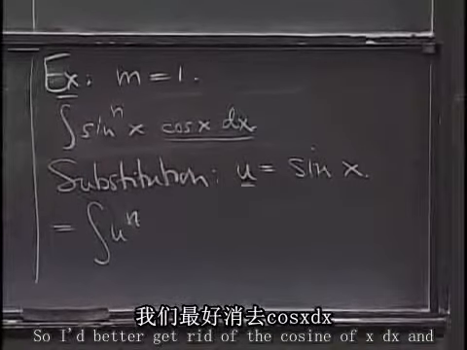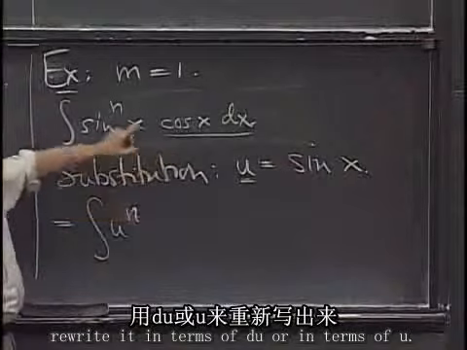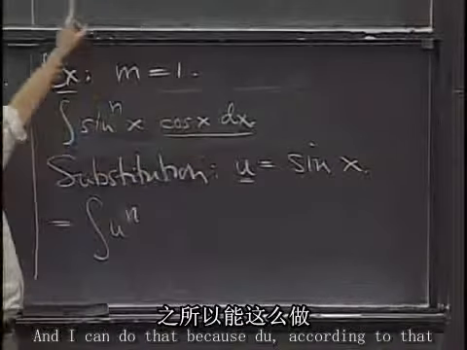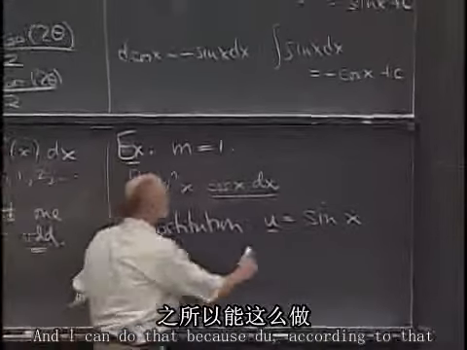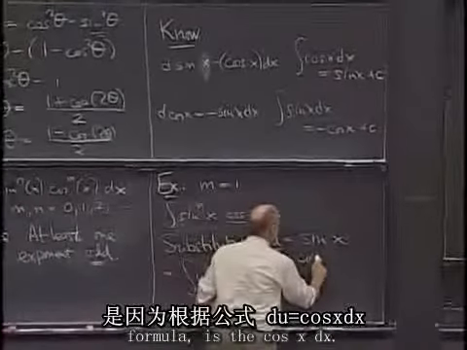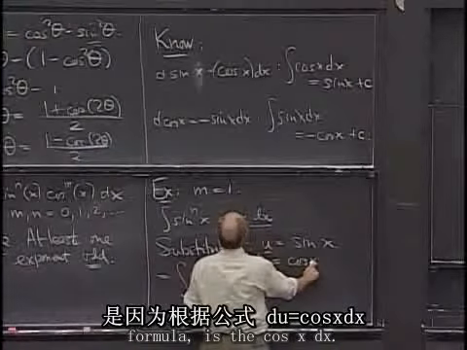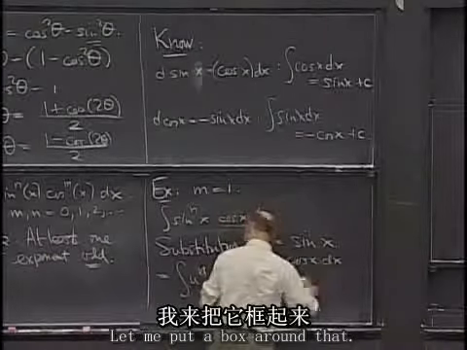So I'd better get rid of the cosine of x dx and rewrite it in terms of du. And I can do that because du, according to that formula, is the cosine of x dx. Let me put a box around that.